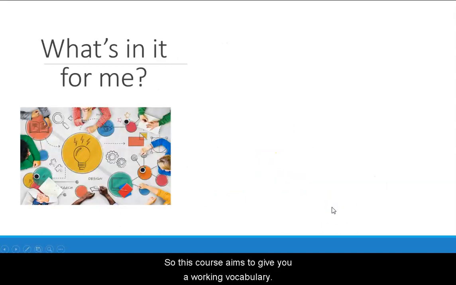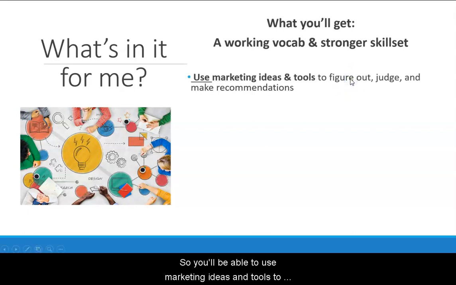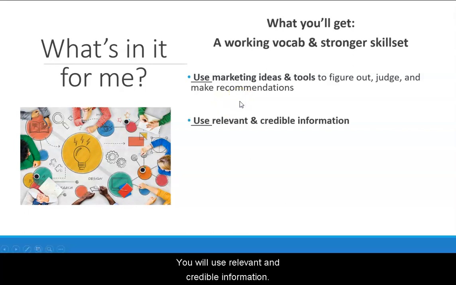So this course aims to give you a working vocabulary and to let you practice a marketing skill set so that you'll be better grounded in your undergraduate studies and whatever pursuits that takes you. You'll be able to use marketing ideas and tools to figure out, judge, and make recommendations. You will use relevant and credible information.